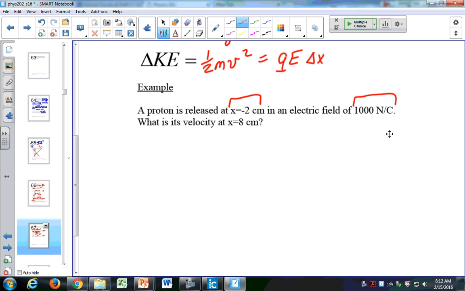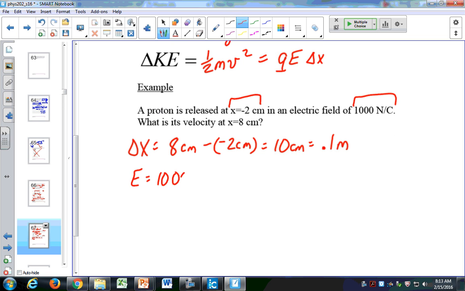So here I have a certain displacement. My delta x is going to be x final, that's 8 centimeters, minus -2 centimeters. That's 10 centimeters, 0.1 meters. I have an electric field of 1,000 newtons per coulomb.